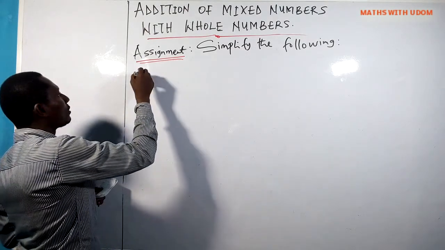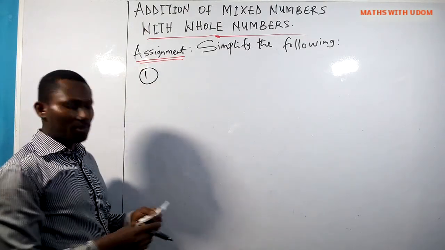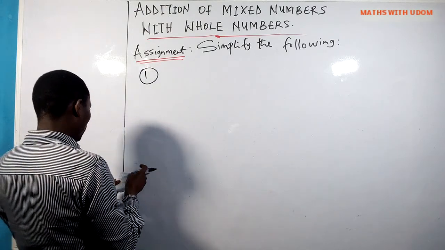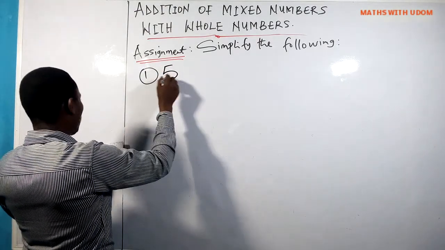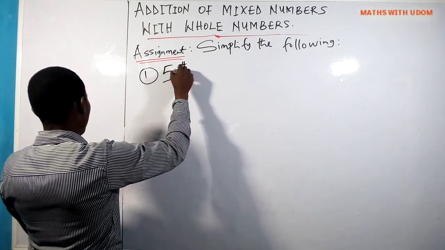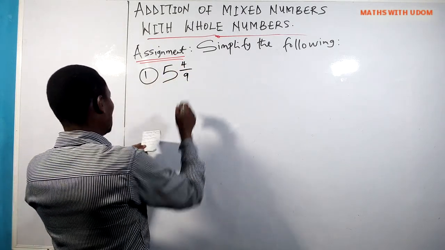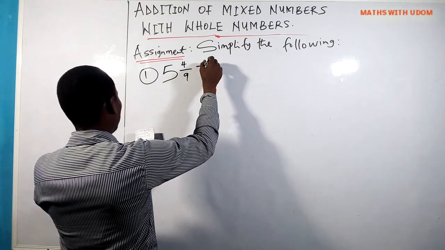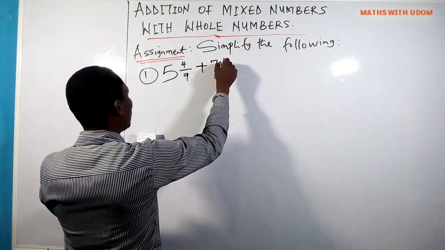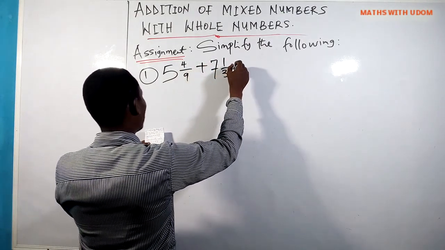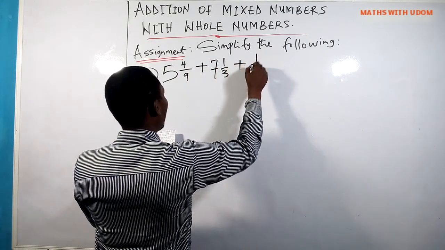Okay? Number one. What do we have in number one? We have 5 whole number 4/9, plus 7 whole number 4/3.